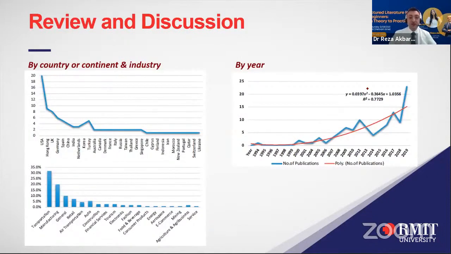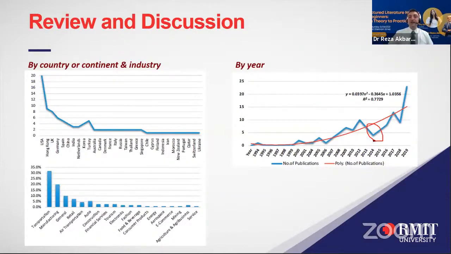We're looking into continent, industry, and years. This is very important. So how is the publication going? You can see it's going up, so people are getting interested. Now, the question is, what happened, for example, here? So you can raise this question for future research.